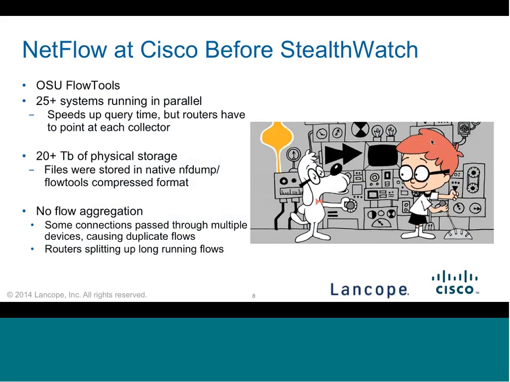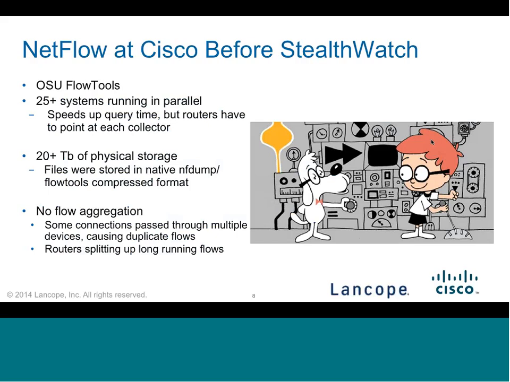So life before StealthWatch, we'll get in the Wayback Machine and take a look at it. Like I said, OSU FlowTools, but we had many systems running in parallel, and the administration related to that was difficult because we had collectors, each router having to export to each collector. So you have a lot of just making sure that feeds are in place and so forth.